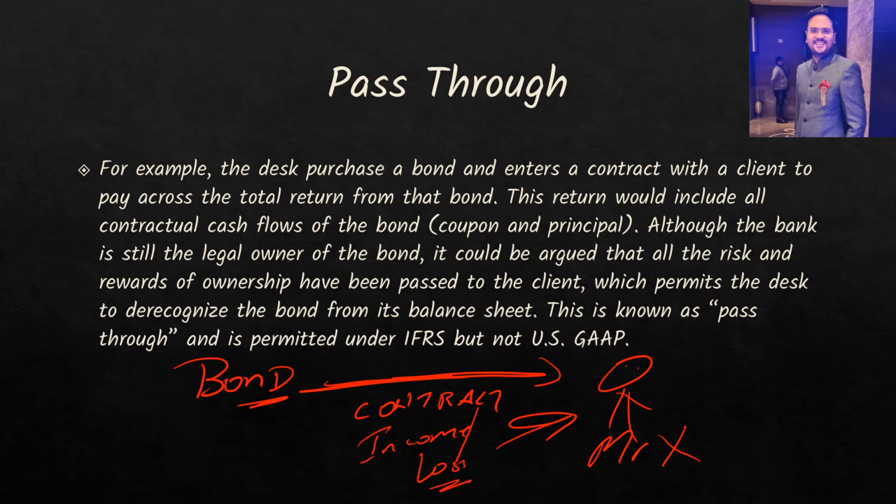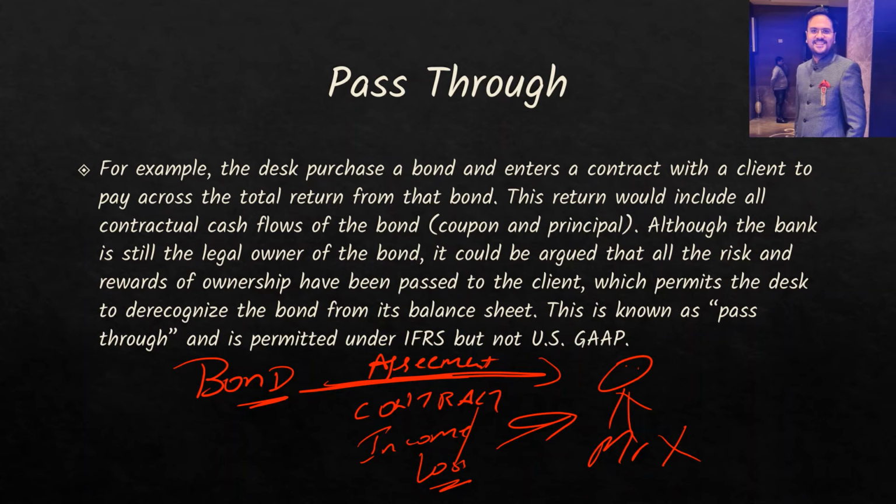You are the owner, but you have an agreement that you will transfer all the returns to Mr. X. But you are the owner. Are you getting anything out of that bond? Is it your asset? Just tell me, is it your asset? No. So if it is not your asset, what the hell is this doing in your books?